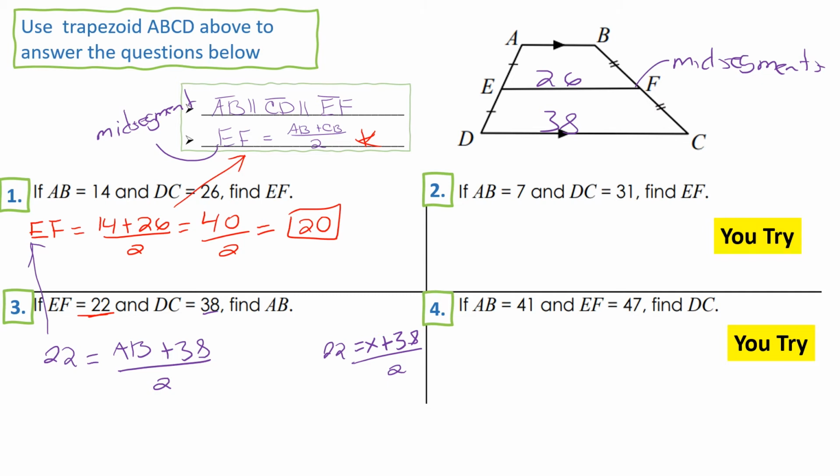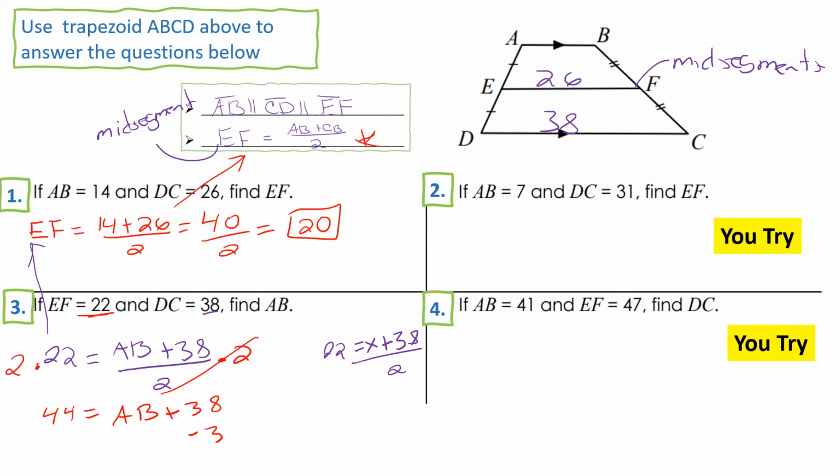So now just using our algebra skills, we're going to solve this equation for AB, or for our unknown. So multiplying both sides by 2, just using inverse operations, we get 44 on our left hand side is equal to AB plus 38. Now I just have a one-step equation here.